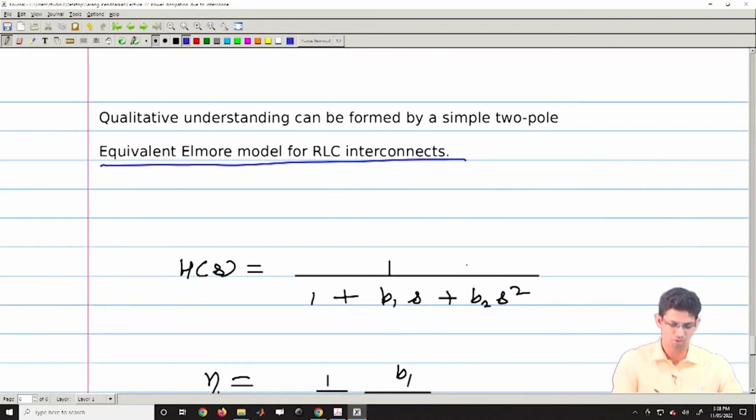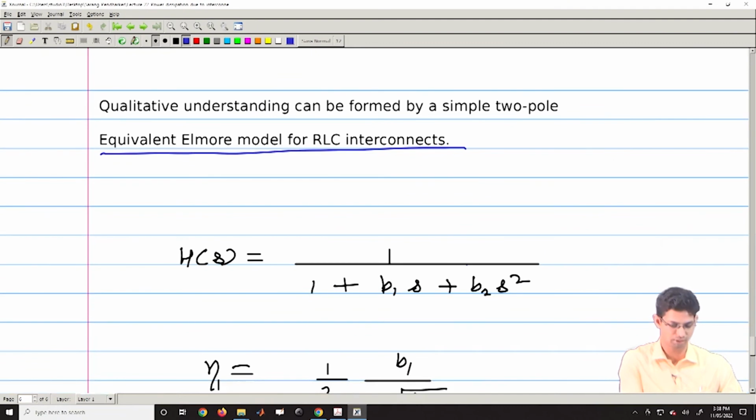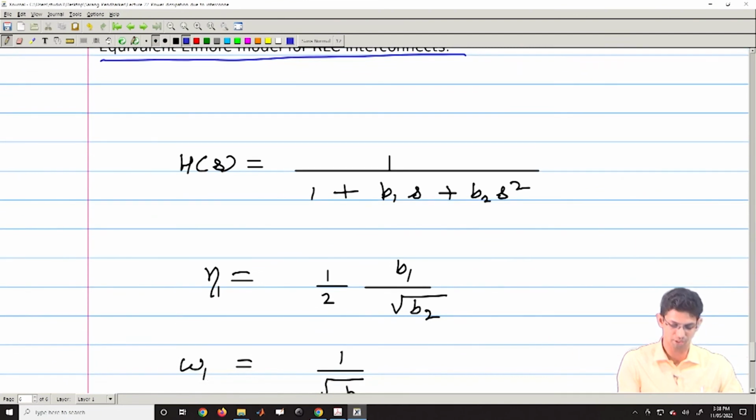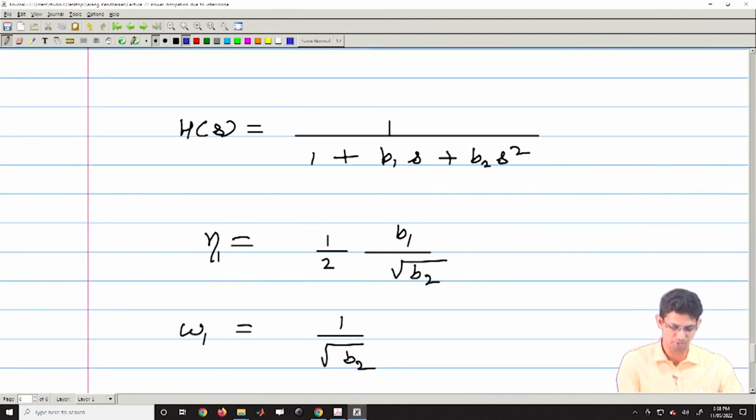If I go back to the Elmore equivalent two pole approximation, my H(s) is given by this. Here my eta is related to B1 and B2, and my omega 1 is related to B2.